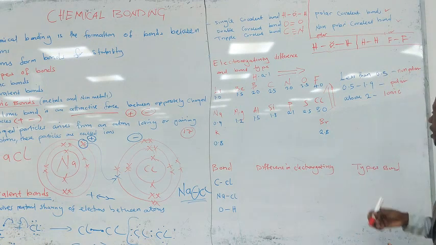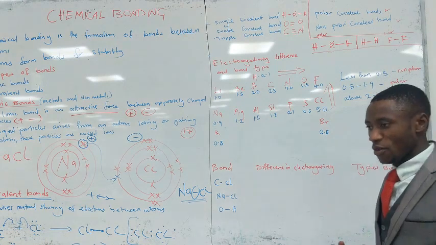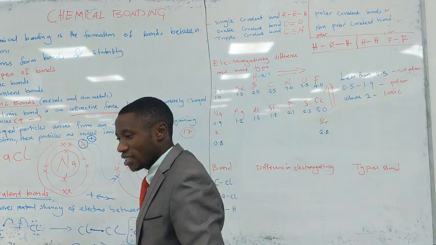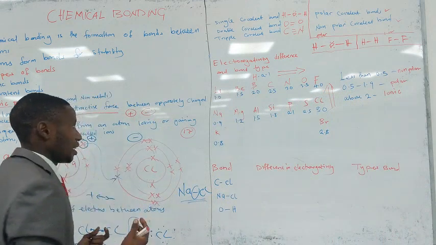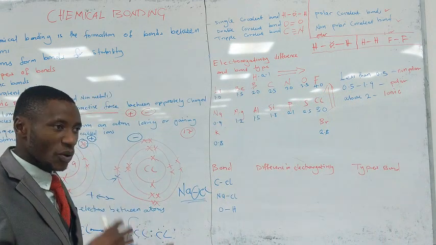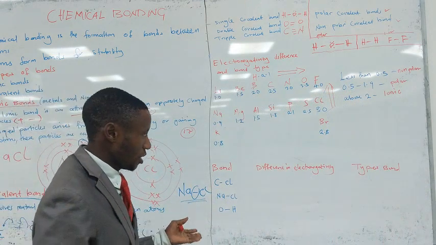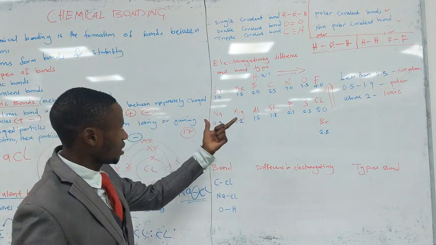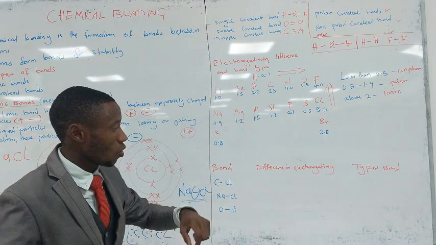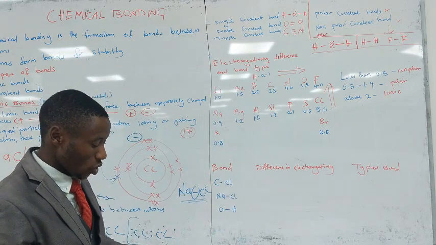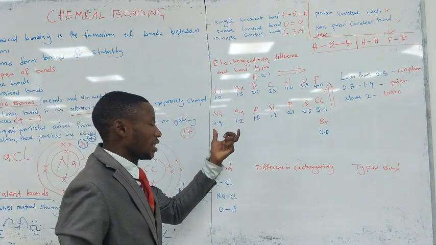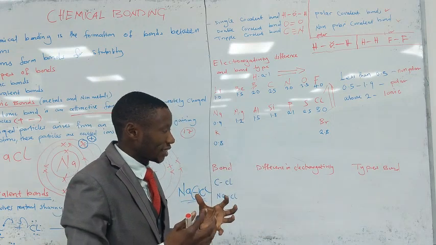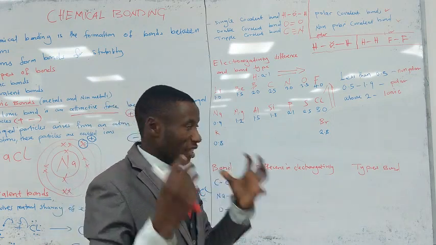Now I believe by now you have a question to say, how do I tell that this type of bond is covalent or non-covalent? How do I tell whether it is ionic or not? So we are going to dive in and look at electronegativity difference and type of bond. Electronegativity is just the measure of the ability of an atom to attract electrons.